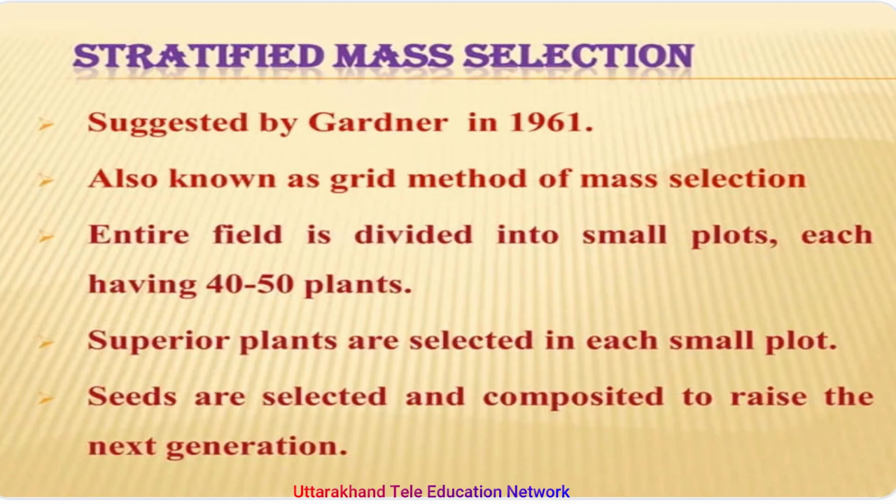Stratified mass selection, suggested by Gardner in 1961, also known as the grid method of mass selection. The entire field is divided into small plots, each having 40 to 50 plants. Superior plants are selected in each small plot.